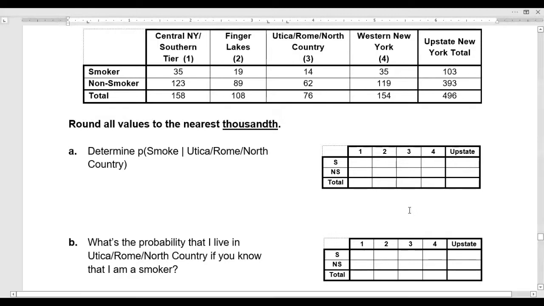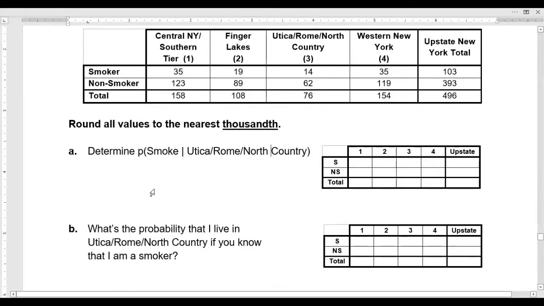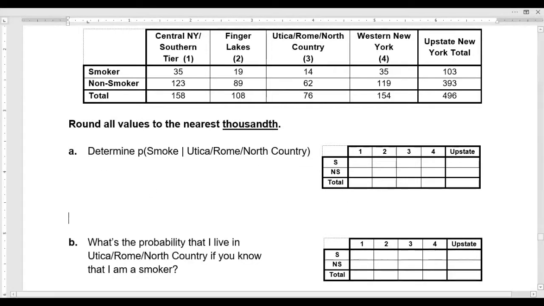All right, so for this first one, let's do that first so we can get everything on the same line. And this one says, determine the probability that I find a smoker, so I find somebody who smokes, if I only look at those who live in the Utica-Rome North Country region.